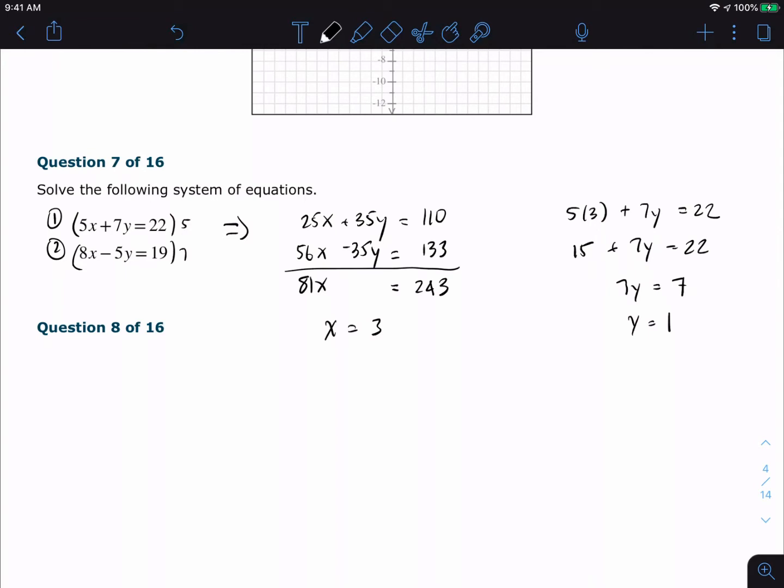Okay. Does that make sense? Yeah, that makes sense. So you want them to have the same number but the opposite sign. So if the 5y would have been positive, I would have multiplied the bottom one by a negative 7. So that way they would have different signs.